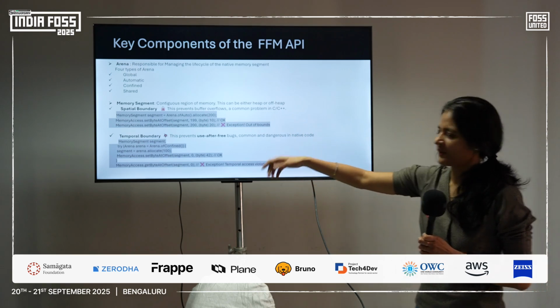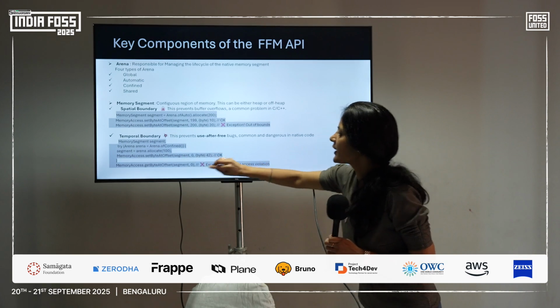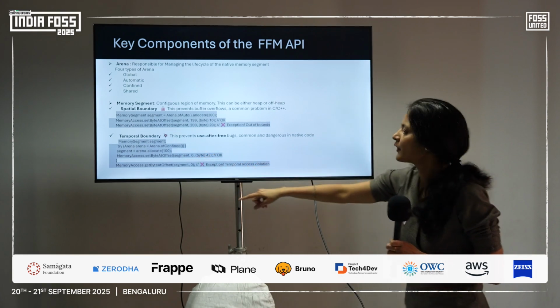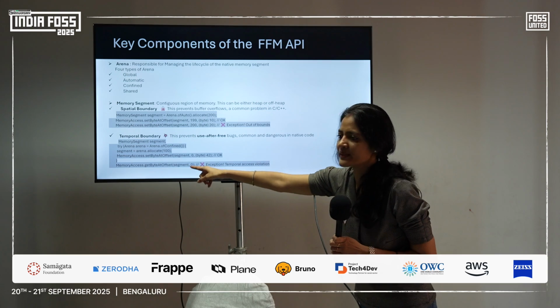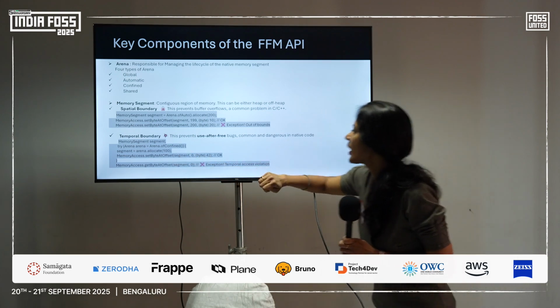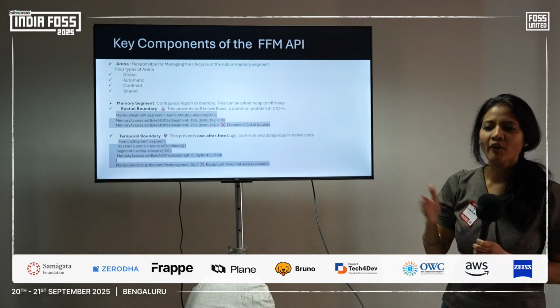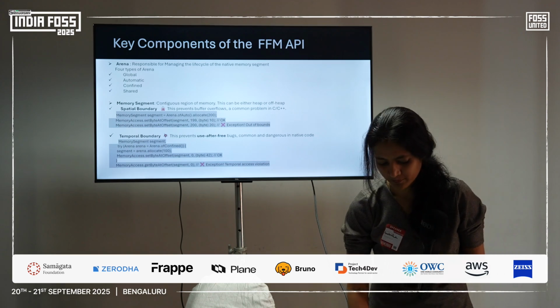And for use after free, the arena has its life only inside this try block. When you try to access that memory segment outside the try block, you get an exception. So it takes care of use after free; you cannot use it after it is freed.